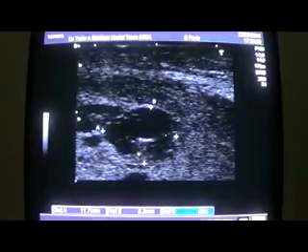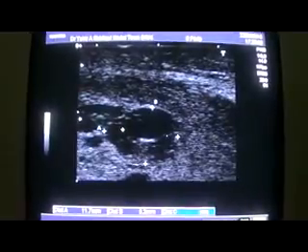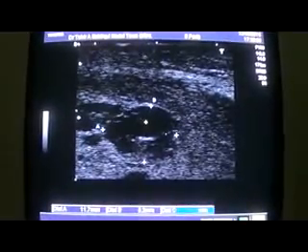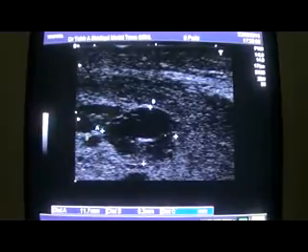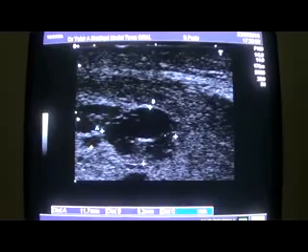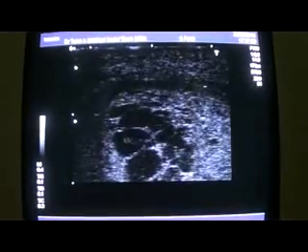This is the layered posterior wall, and these are small incomplete septa within this cystic area. This is another one, the second, in which again you can see all the features, and this is the third one in this enlarged view.